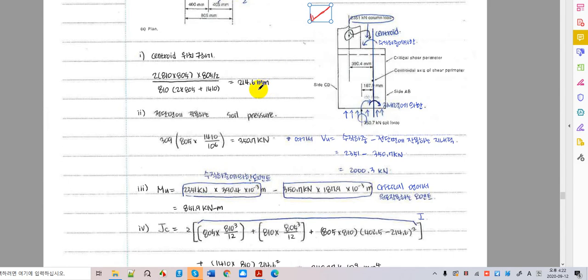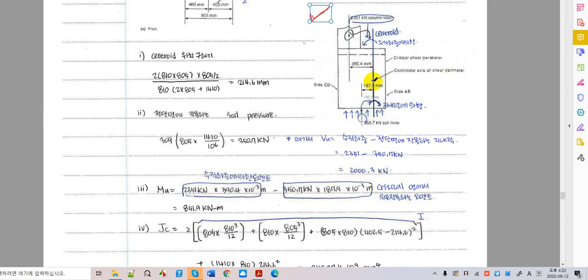So what is the unbalanced moment? The unbalanced moment on a foundation, especially in a combined footing, is calculated with respect to the shear center of the shear perimeter right here.